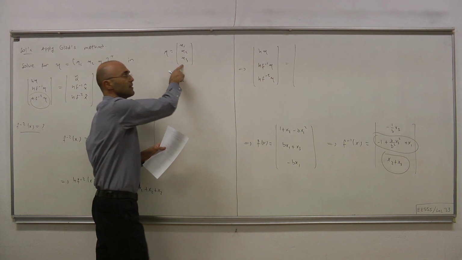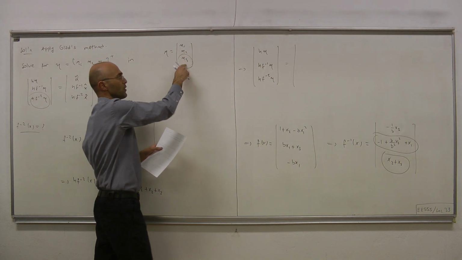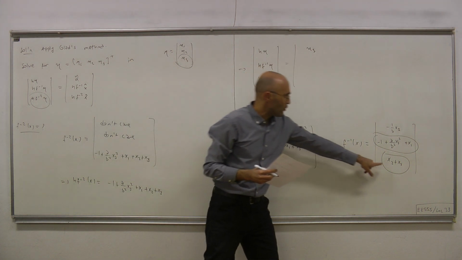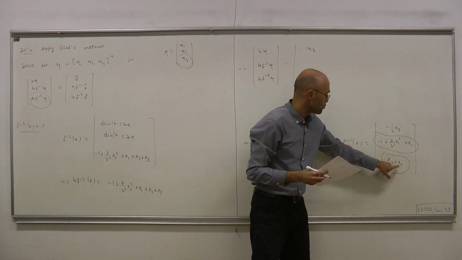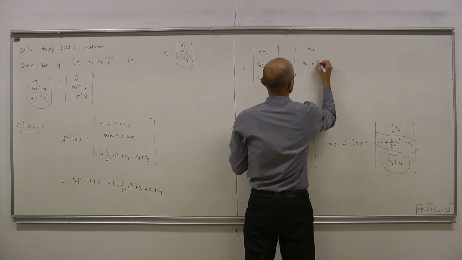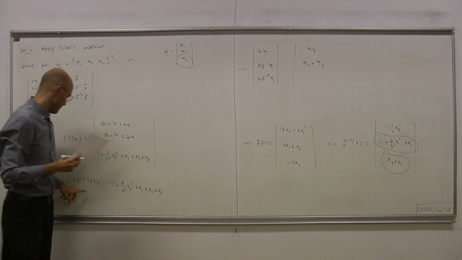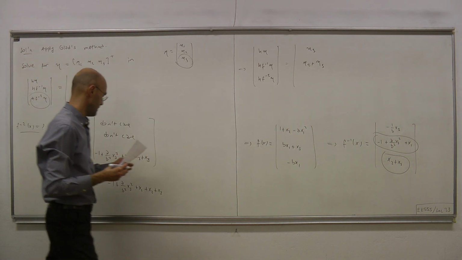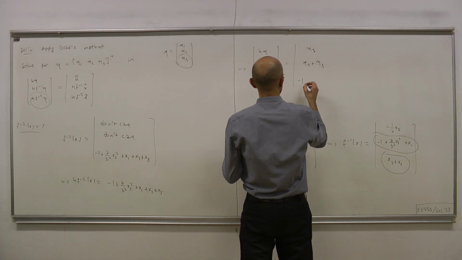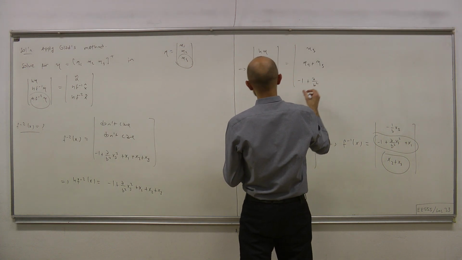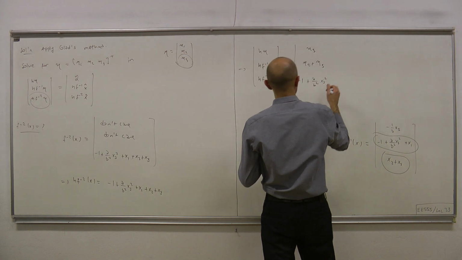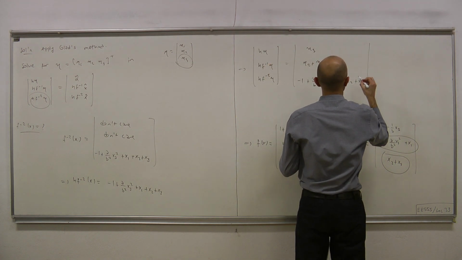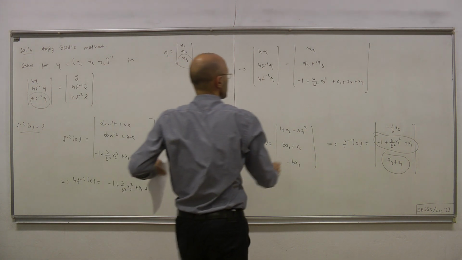H picks the third entry, so we're talking about eta 3. This is f inverse. The third entry of f inverse is x2 plus x3. Therefore, here we have eta 2 plus eta 3. And here we have H f double inverse of x. Instead of x, we now have eta. Therefore, we have minus 1 plus a over b squared eta 3 squared plus eta 1 plus eta 2 plus eta 3.